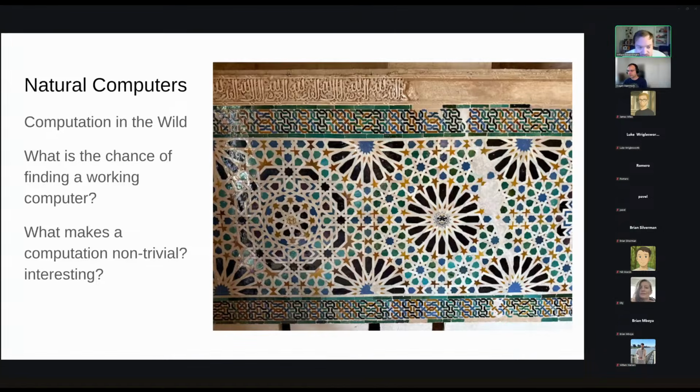What is the chance that you would find a computer in the wild? This is kind of like the monkeys and the typewriters scenario. What's the chance that the monkeys have actually typed out Shakespeare? If we were to search the universe at a large scale, an impossibly large scale, light years and eons, how many working computers should we expect to find?